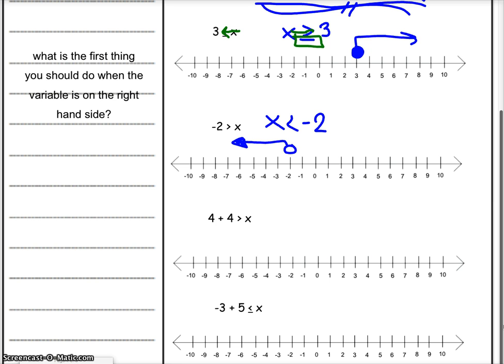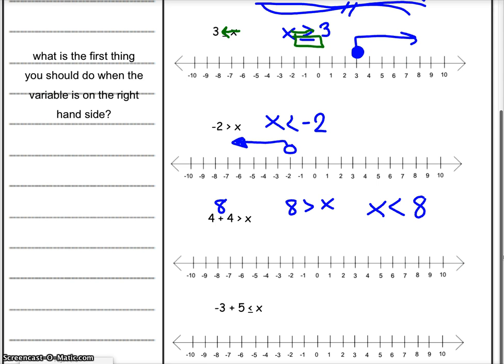Look at me trying to get all tricky. 4 plus 4 is just 8. I don't know what I was thinking. So this is really 8 is greater than x. Put my variable on the left, x. What's facing it, open mouth or point? Keep the point facing it. Notice that is always the same question I ask myself.